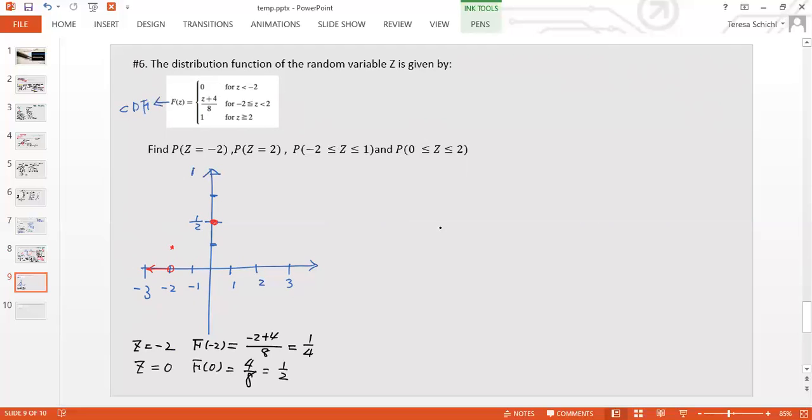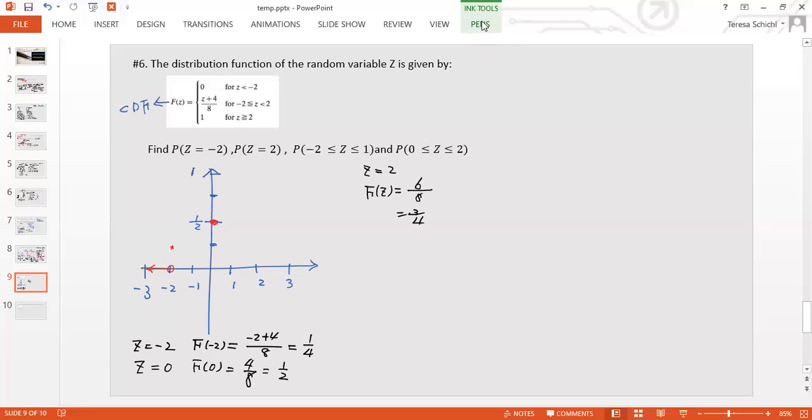So when z is equal to positive 2, they're close to, so then F of z is going to be 6 over 8, so it's 3/4.